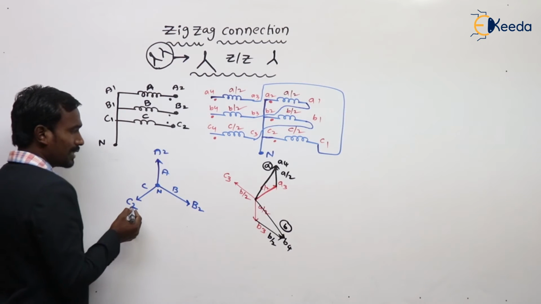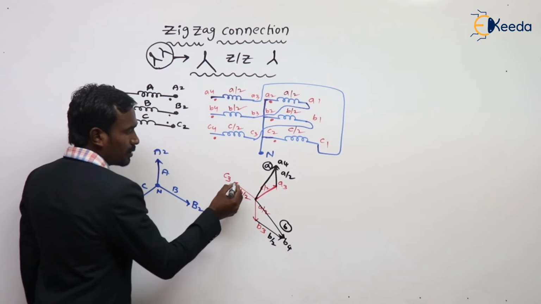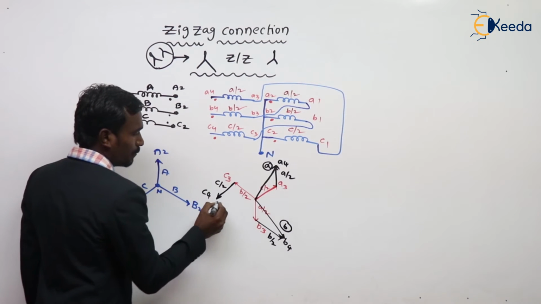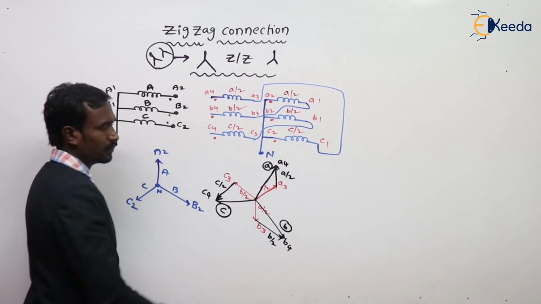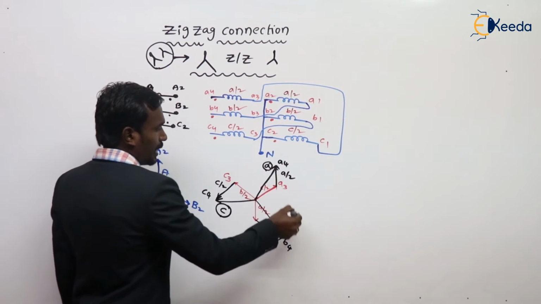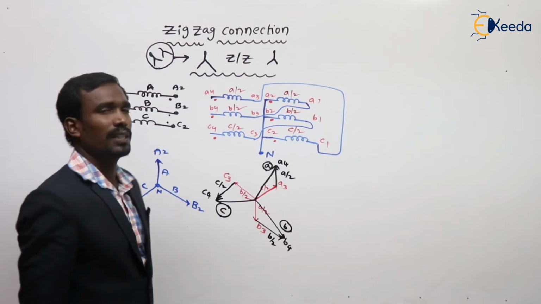My actual C is like this. Here also C should be in the same direction. This is C by 2 and this is C4 and this is actually our C. A, B, C. Yes, clockwise direction, phase sequence.